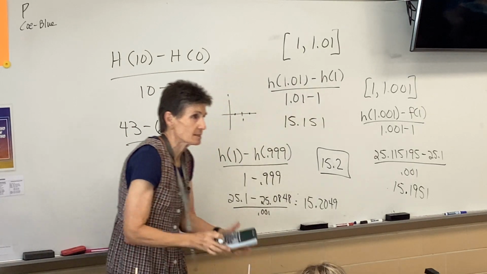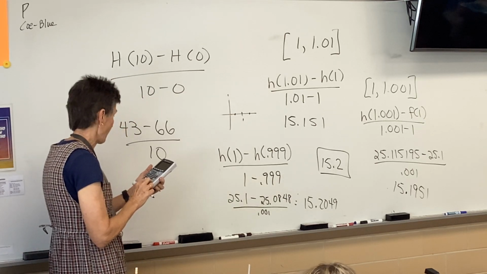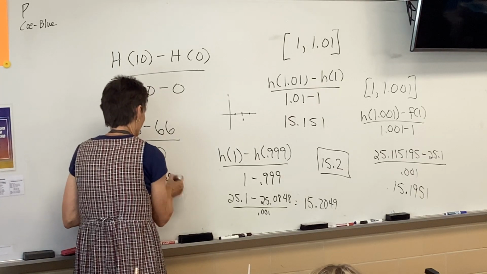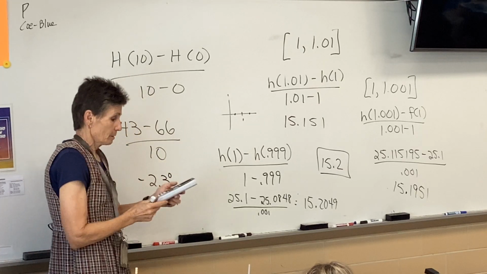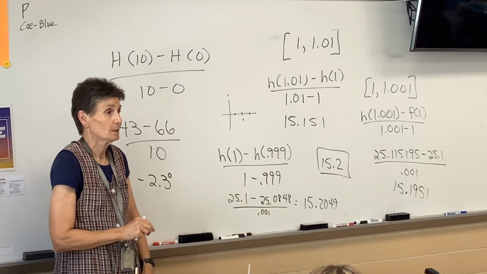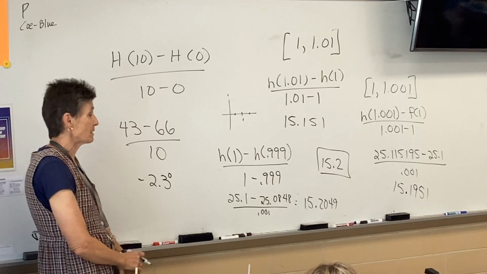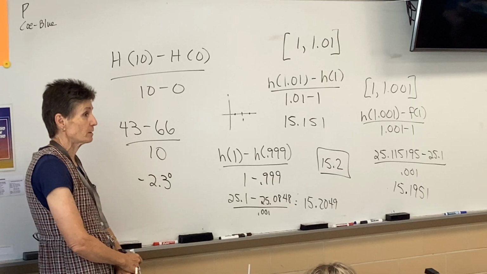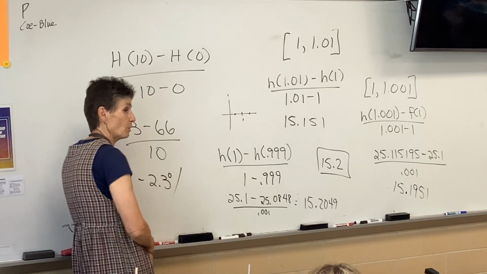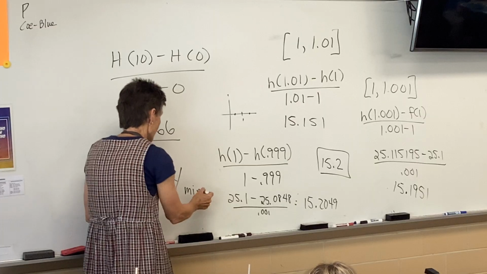Does that make sense? Why does that make sense? Because it's cooling down, it's going down. Put a unit on it, negative 2.3, if I did my math right, negative 2.3, what? Degrees per minute. And that's degrees Celsius.